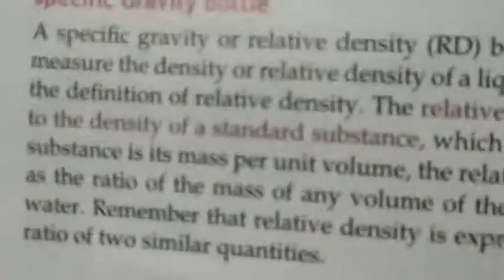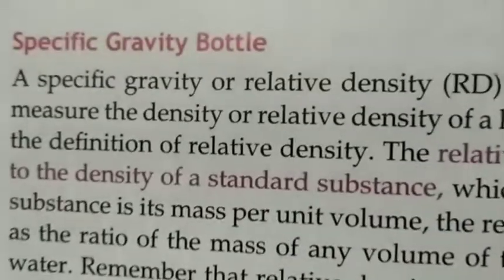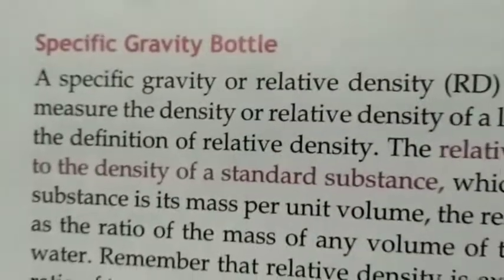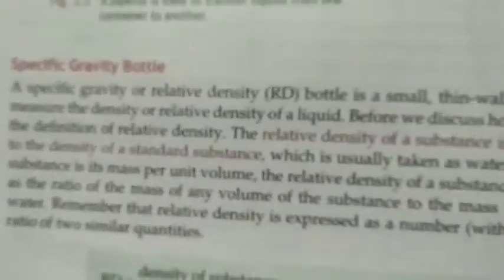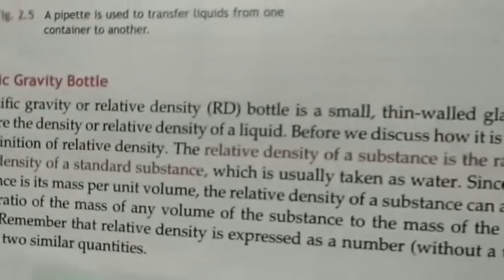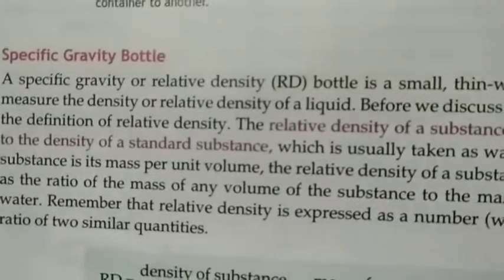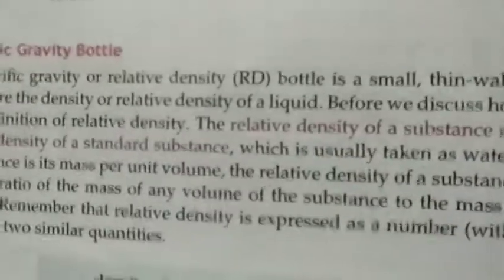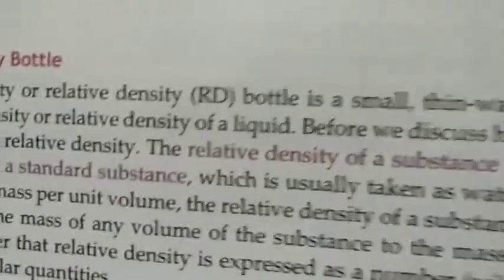Again, a specific gravity bottle. Please listen carefully. A specific gravity or relative density bottle is a small thin walled glass bottle used to measure the density or relative density of a liquid. And how to measure?